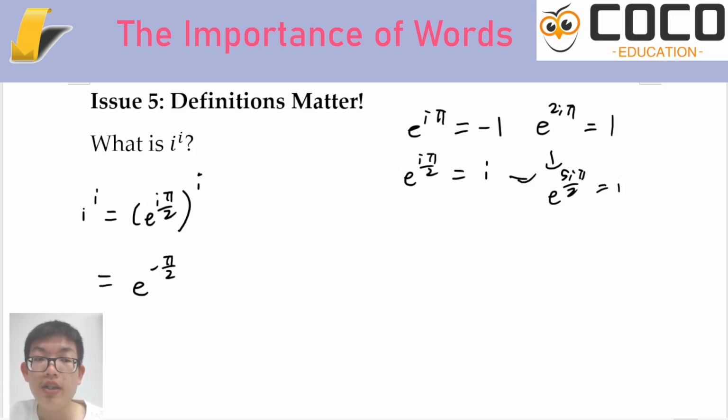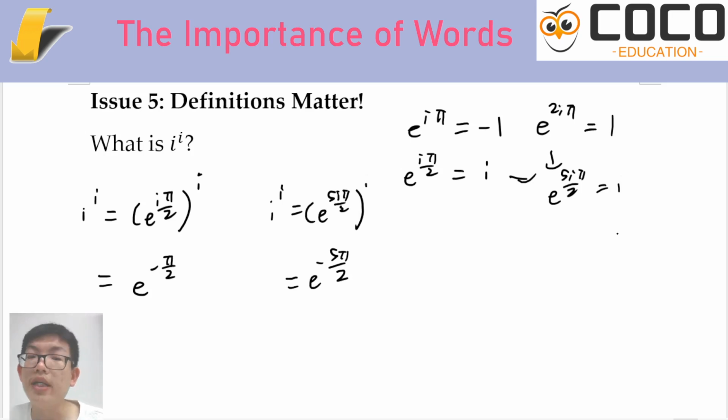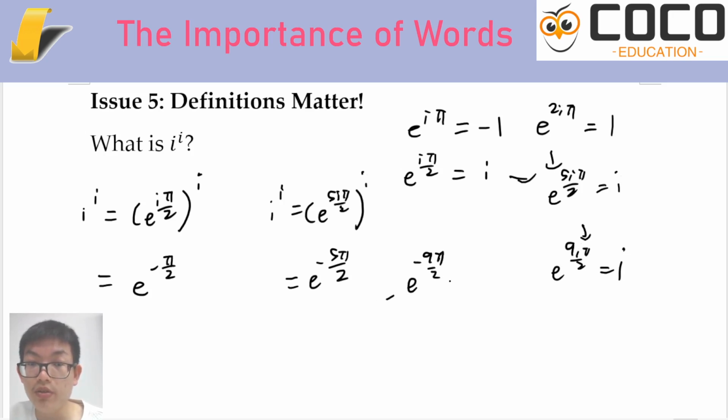And therefore, i to the i is also equal to e to the 5i pi over 2 to the power of i, which is equal to e to the negative 5 pi over 2. These are also i, and so by the same logic, it would also be equal to e to the negative 9 pi over 2, e to the negative 13 pi over 2, and I can even go backwards and say that it is also equal to e to the 3 pi over 2.